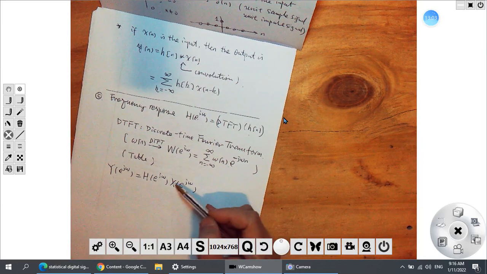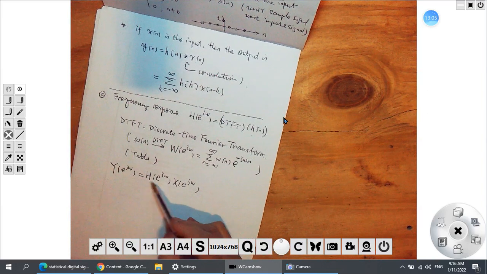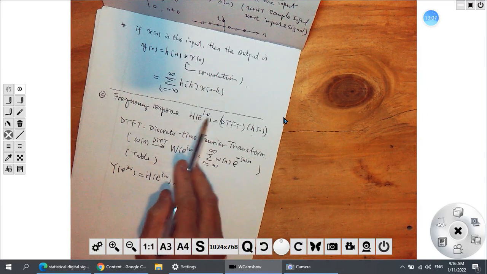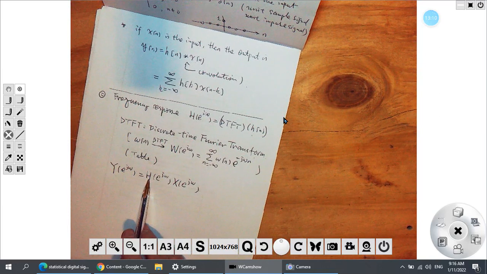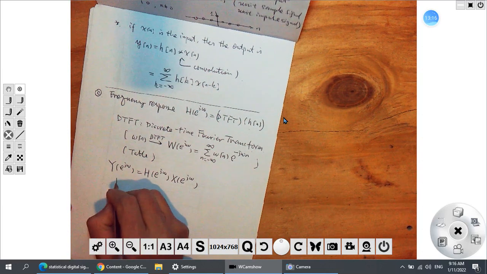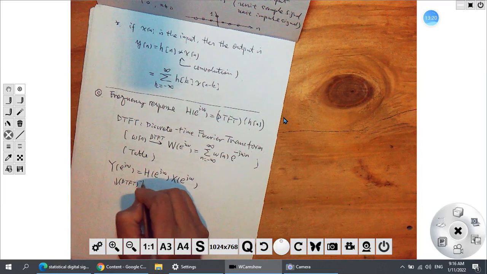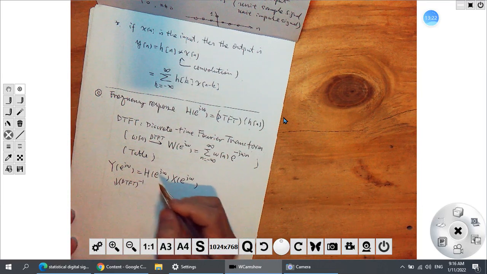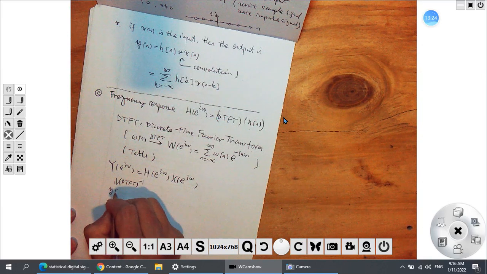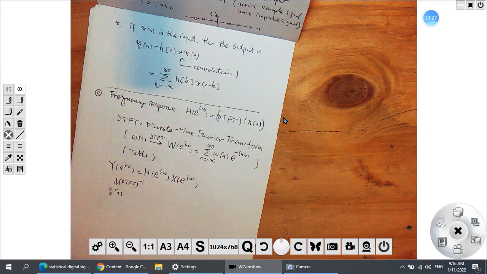Then you multiply it by the frequency response to get y of e to the j omega, and then you do the inverse DTFT. Then you will have y of n. So you can get y of n based on the frequency response.